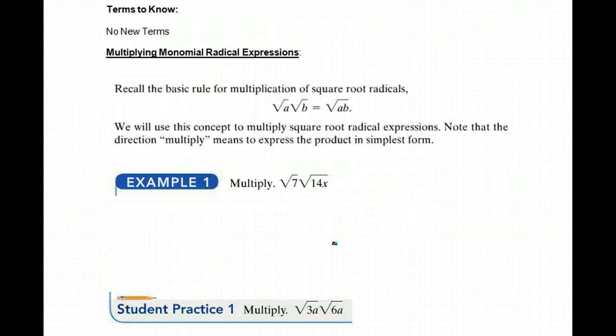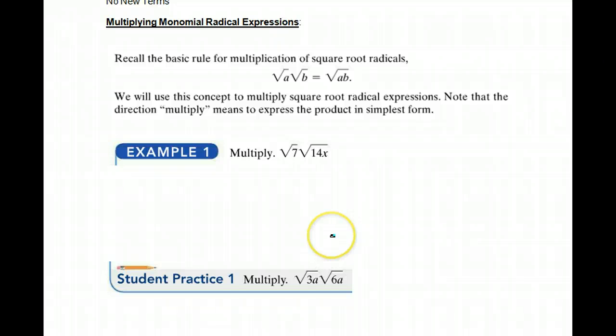So the first example that we have here is root 7 times root 14x. As we're working through this, we want to use that rule of the multiplication of radicals that we just mentioned, and we want to combine the 7 times 14 under one radical.